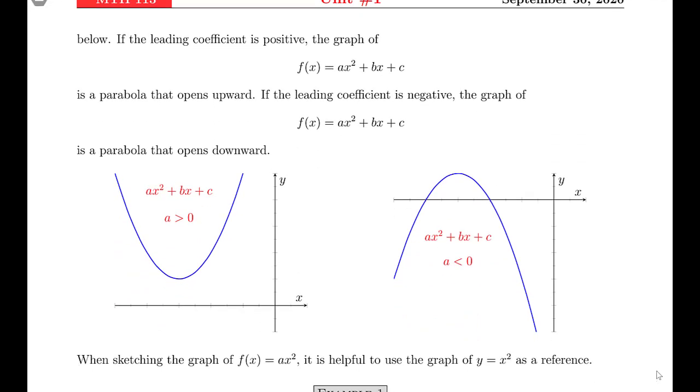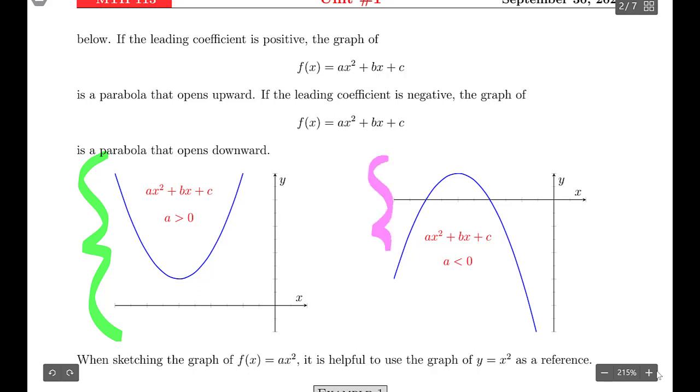If the leading coefficient, if a is positive, then our graph opens up, and you can see that right here in this diagram. It shows ax squared plus bx plus c if a is greater than 0. So that just simply means that our leading coefficient is positive. For a leading coefficient a that is negative, or a is less than 0, our parabola opens down.